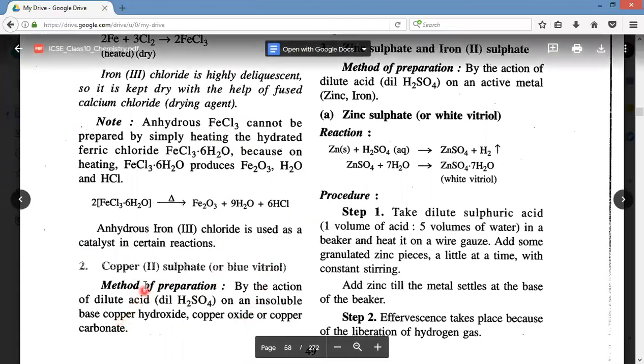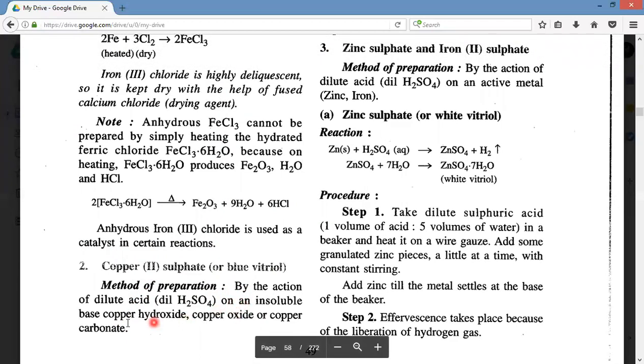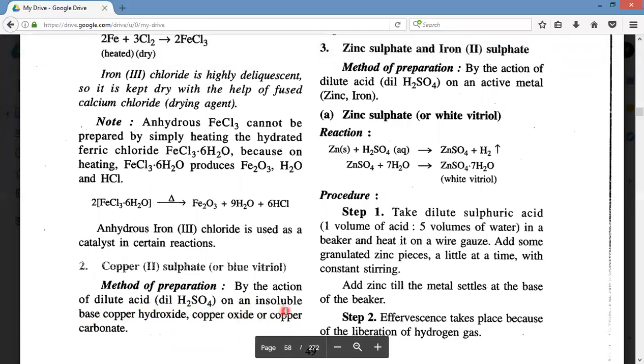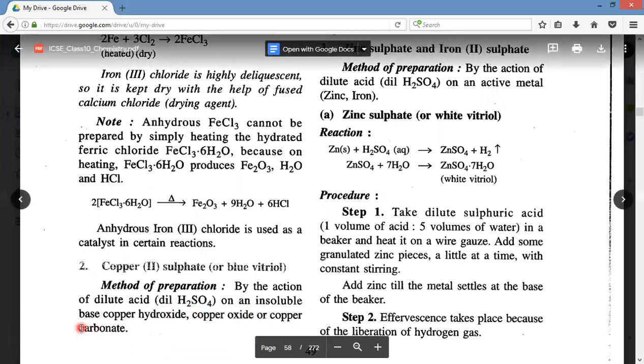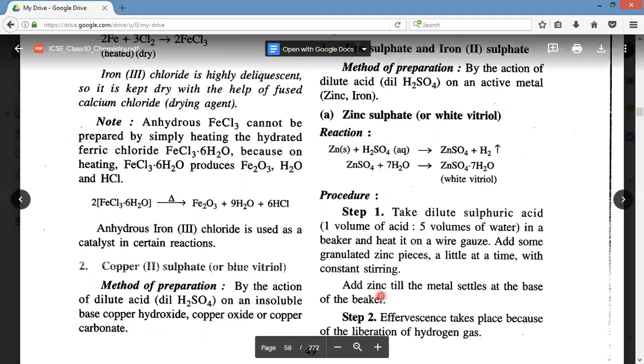For the preparation of copper sulfate, we have to take dilute sulfuric acid on an insoluble base, maybe copper hydroxide, copper oxide, or copper carbonate.